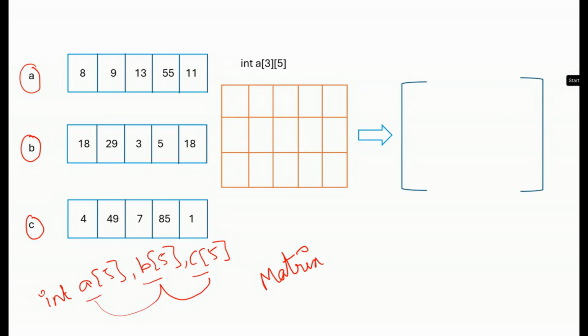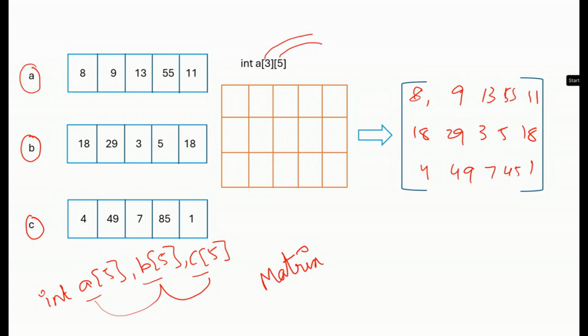Now if we combine all these elements 8, 9, 13, 55, 11, 18, 29, 3, 5, 18, 4, 49, 7, 45 and 1. If you observe here, there are two indexes.